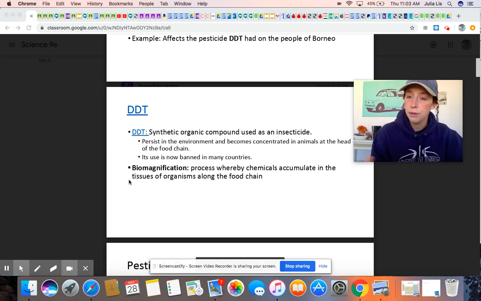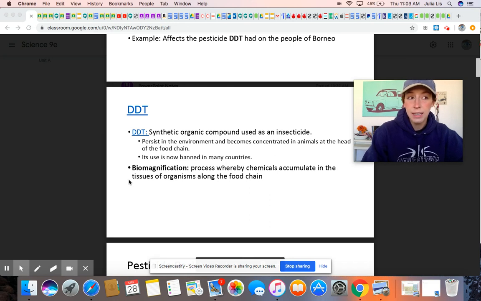And then when larger fish start to eat these plankton, that chemical is now inside those fish. And then when we look at things like shark, which are actually really common food sources, especially in Aboriginal communities, it's dangerous to eat those larger aquatic organisms.